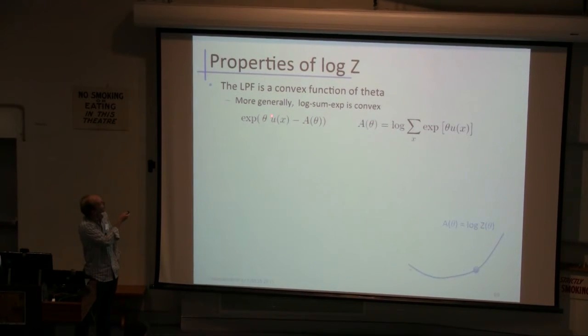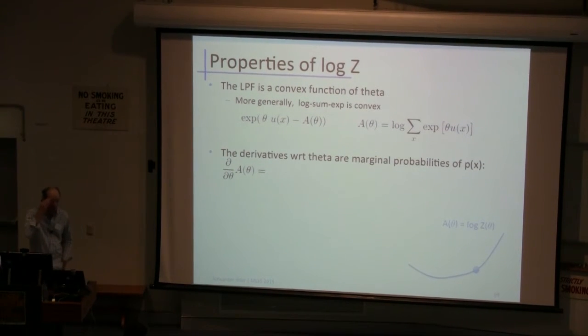So here, theta is our log model. So e to the theta is our function f of x. Summing it marginalizes, computes the partition function, and then taking the log. This log sum exp operator is a convex one. So if we view this as a vector space of models and think about how the log partition function changes as we change the model slightly, that log partition function forms a convex function.